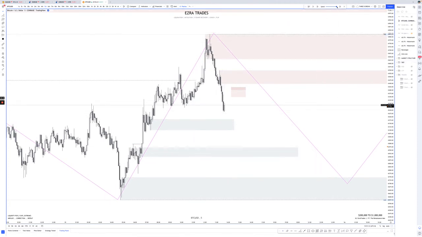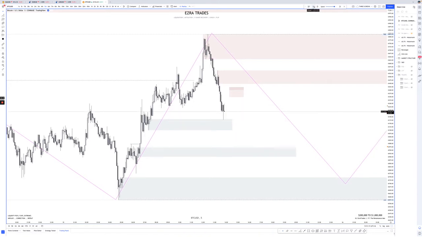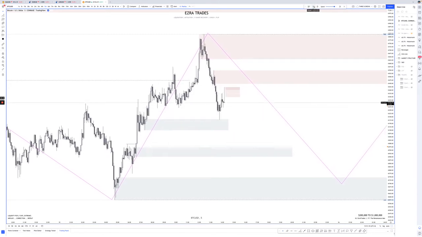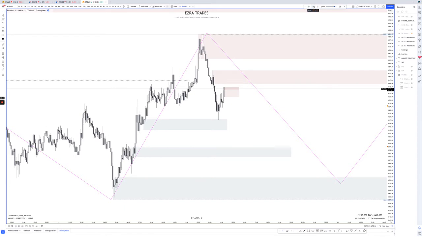So now what I'm looking for is to see what happens. So if we go, let's do this, and then stop. So what do we just have? On the lower time frame, we have a reaction. Like I was just showing, we are looking to get reactions from these zones. So price came in and tapped, right?